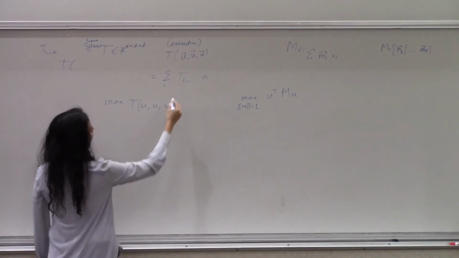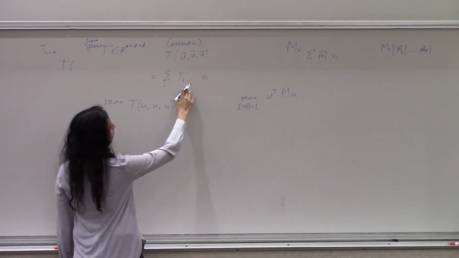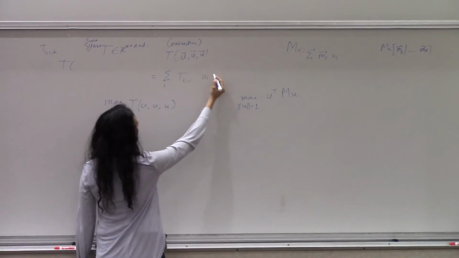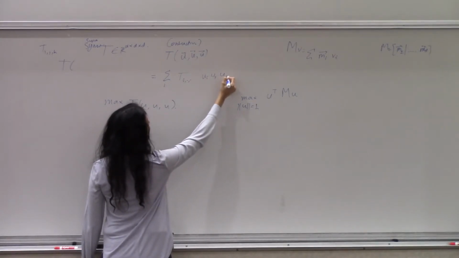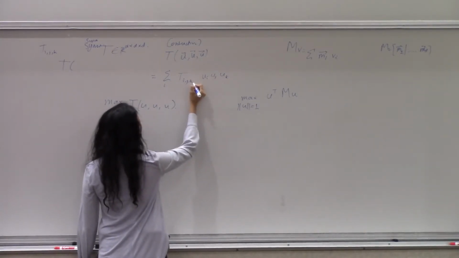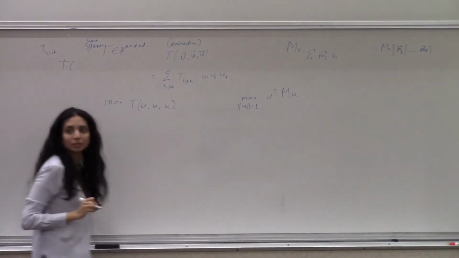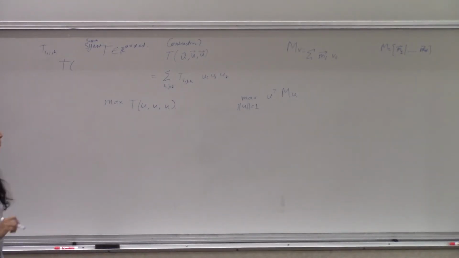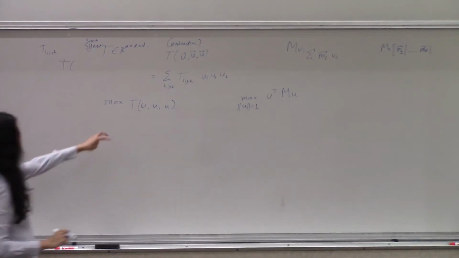So you can write in terms of U_i, U_j, U_k. This is also over j, k. Right, so this is the notation.